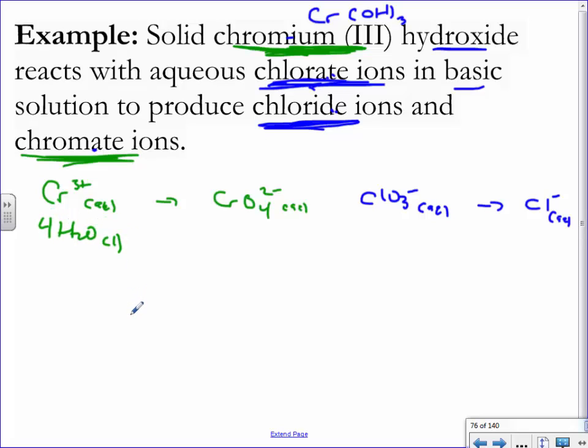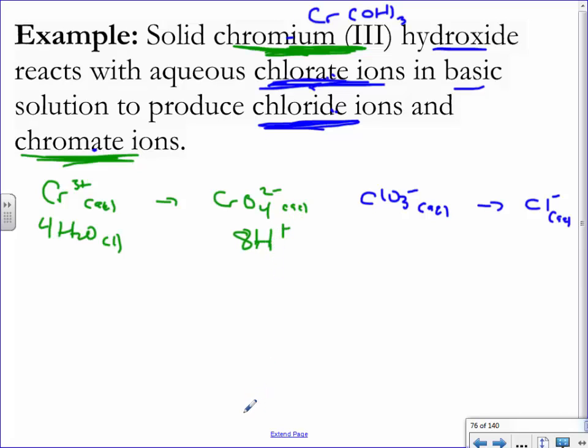Wouldn't that account for the 4 oxygens we need? Okay, but now I have 8 hydrogens on this side. I don't want the 8 hydrogens on this side. What did we do last time in acidic conditions?